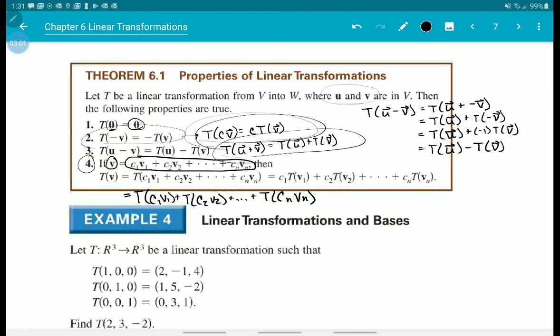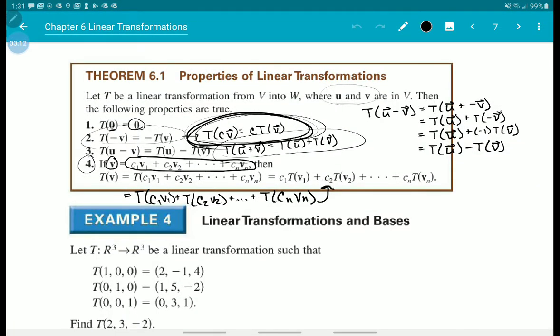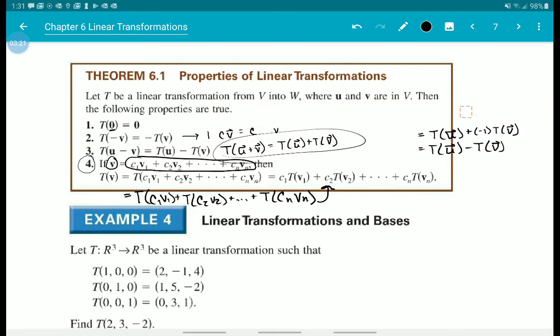And with each one of those, we know we could pull that scalar value out because of this property that holds. And so that would give us C1 times the transformation of V1 plus C2 times the transformation of V2 and so on. So let's take these ideas and apply them to a few problems.